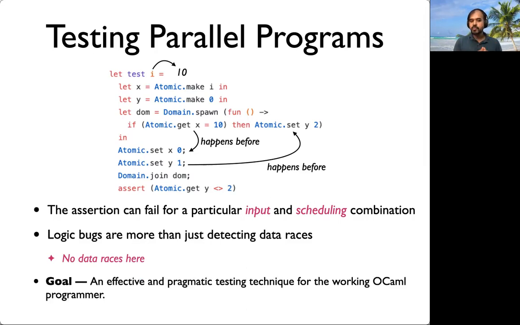So our goal with this work is to build a tool that is an effective and pragmatic tool for testing these sort of programs, applicable for the working OCaml programmer who has a limited time budget and wants to catch these sort of bugs. Okay, so that's the goal for this work.